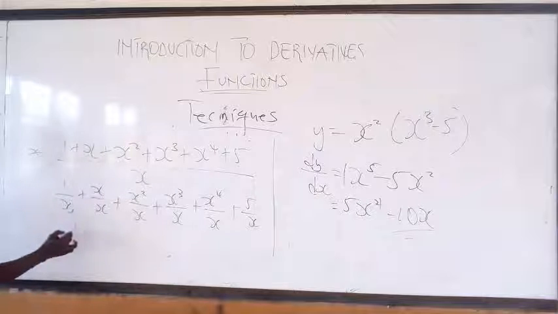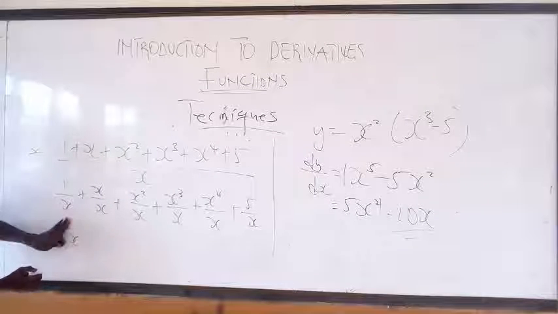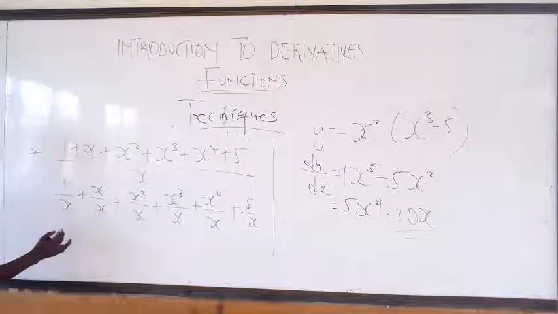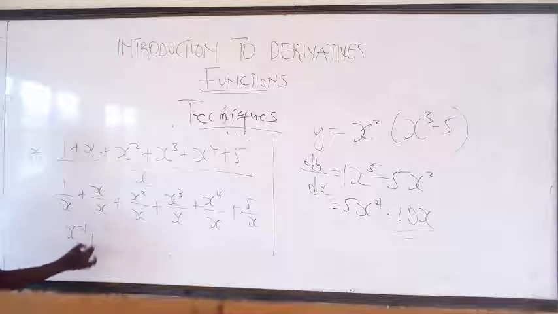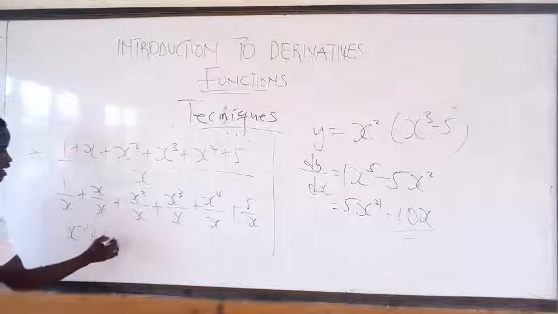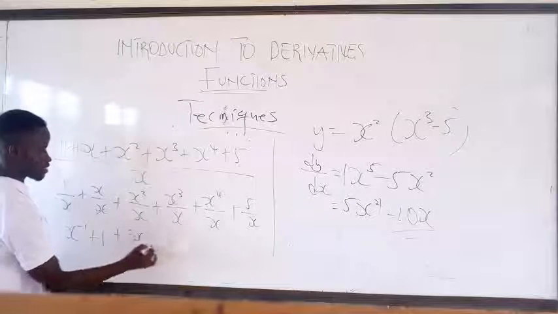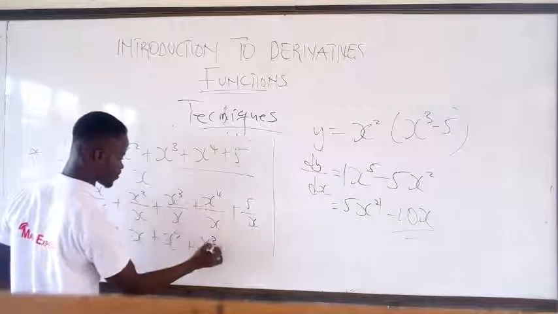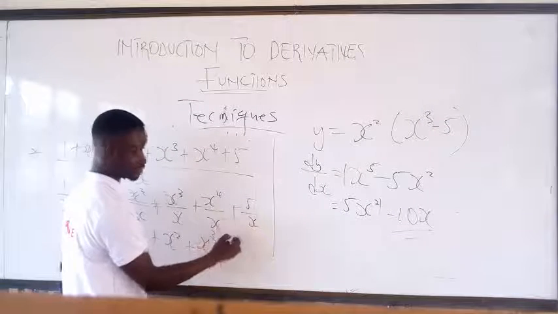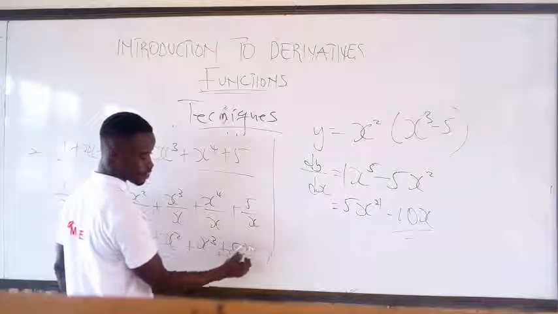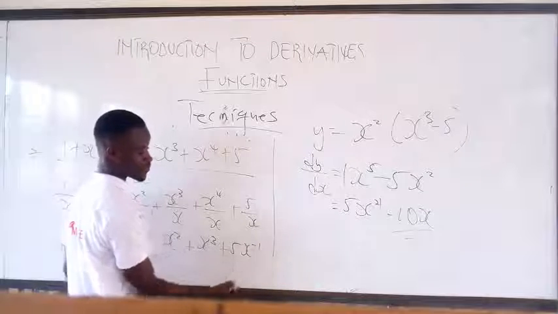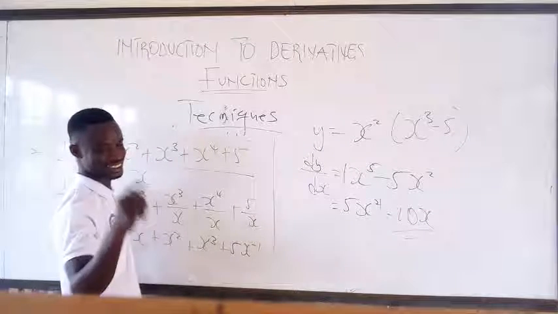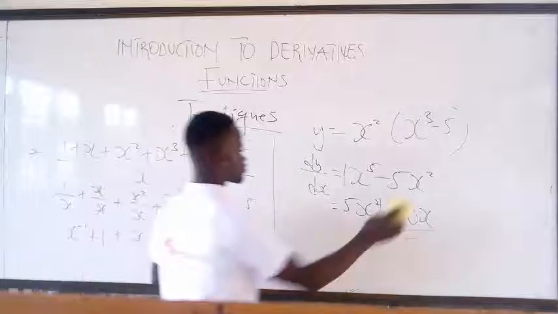So 1 over x, you know 1 over x will be the same as x to the power negative 1, plus this will be 1, plus this will be x, plus this will be x squared, plus this will be x to the power 3, and this will be what? 5x to the power negative 1. Don't forget it. Alright.